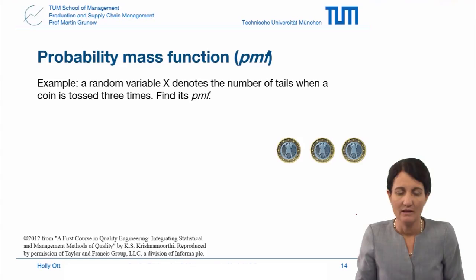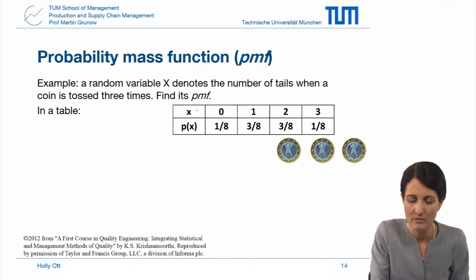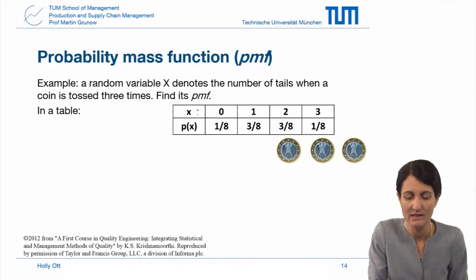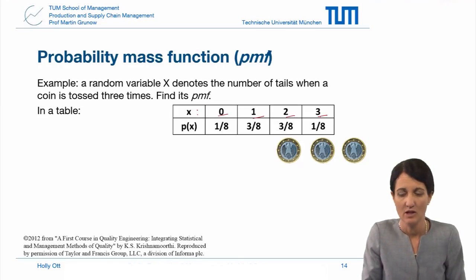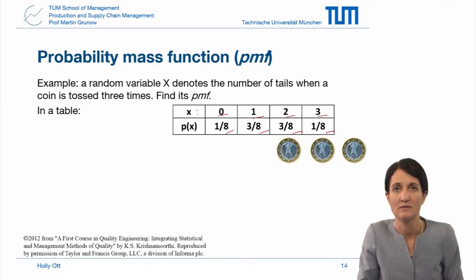Now, let's look at the PMF for this. So we have the random variable X denoting the number of tails when a coin is tossed 3 times. In a table, our big random variable X can be equal to 0, 1, 2, or 3. The probabilities we've written down here are 1/8, 3/8, 3/8, and 1/8.